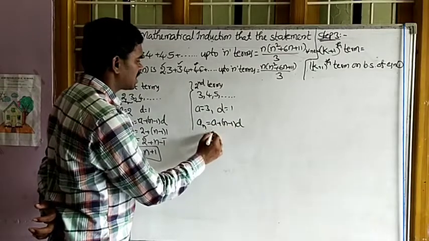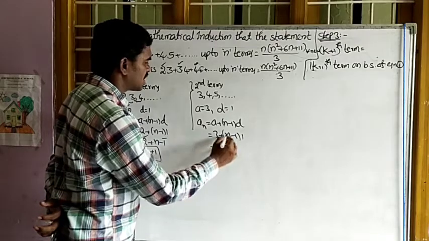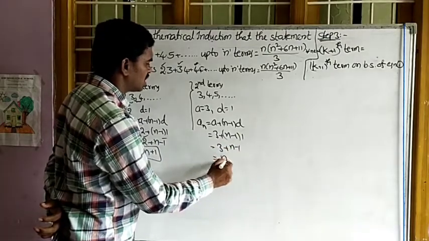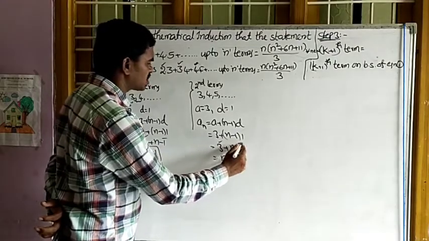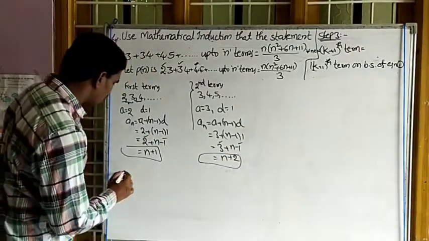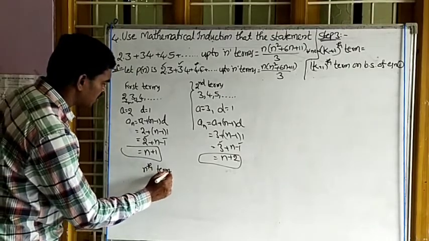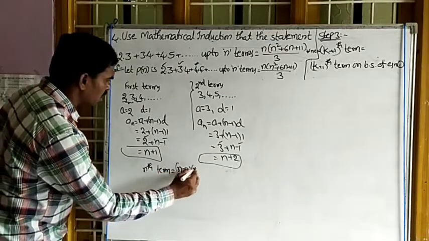What is a? 3. What is d? 1. 3 plus n into 1, n minus 1. Write n first, and 3 minus 1 becomes plus 2. So here the nth term is n plus 2. So we got the nth term as n plus 1 into n plus 2.